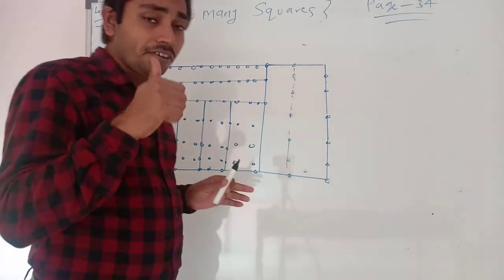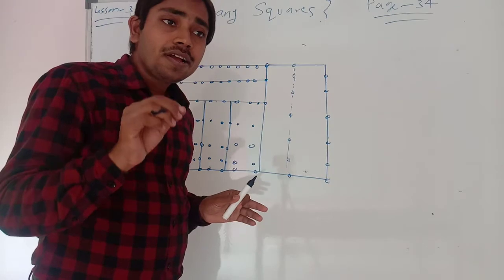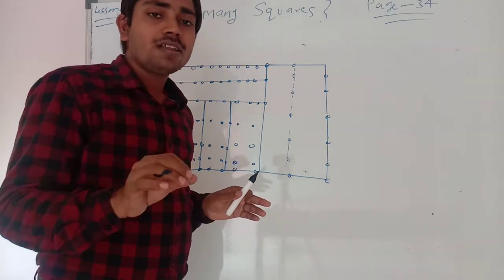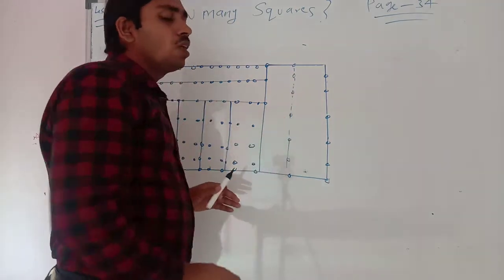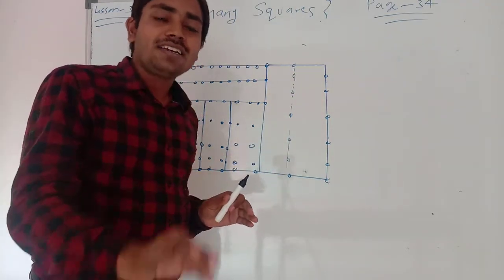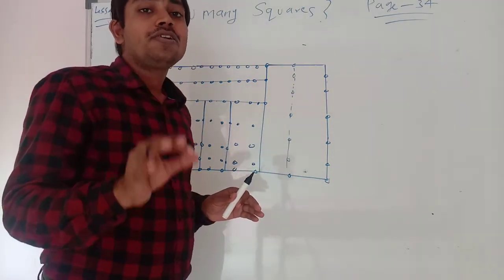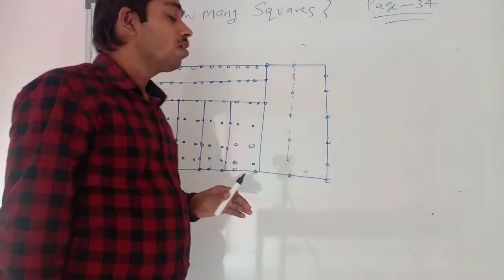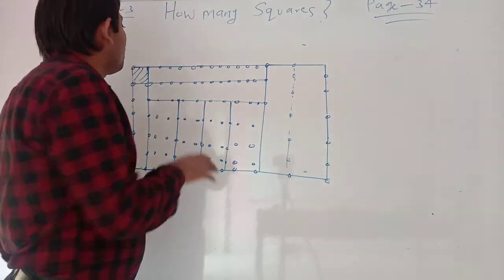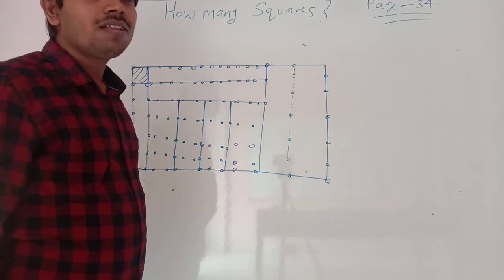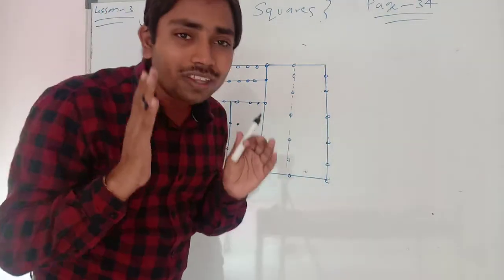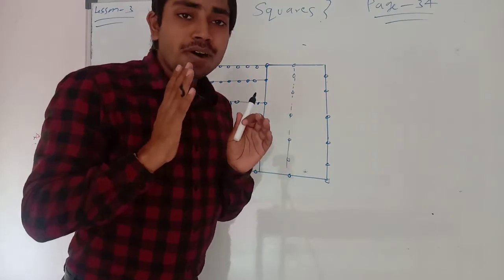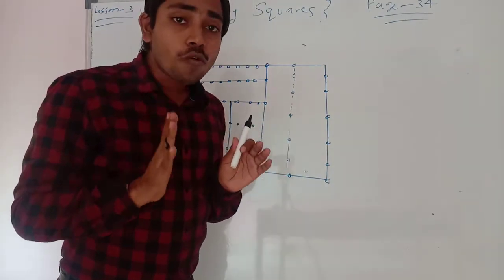So what was the first question? How many possible rectangles can we draw in this big rectangle so that each rectangle contains 12 squares, my dear student. So there are 7 possible such rectangles we can draw in this big rectangle so that there must be 12 squares.